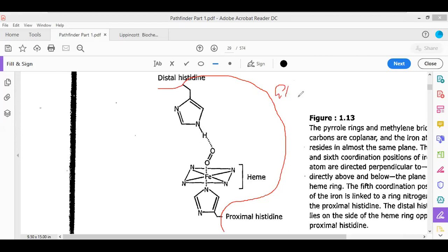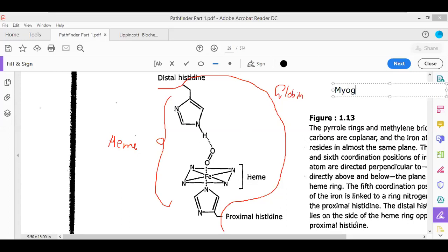When globin is bound with the centrally present heme, it leads to the formation of hemoglobin. But here, because there is only a single globin protein, and it is present in muscles, it has been named myoglobin.